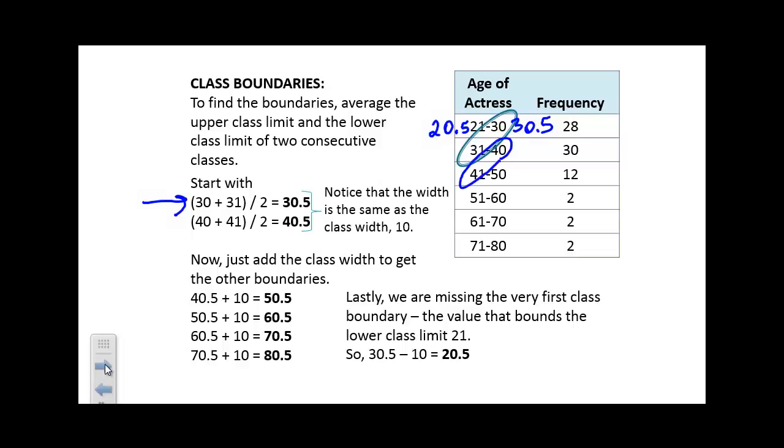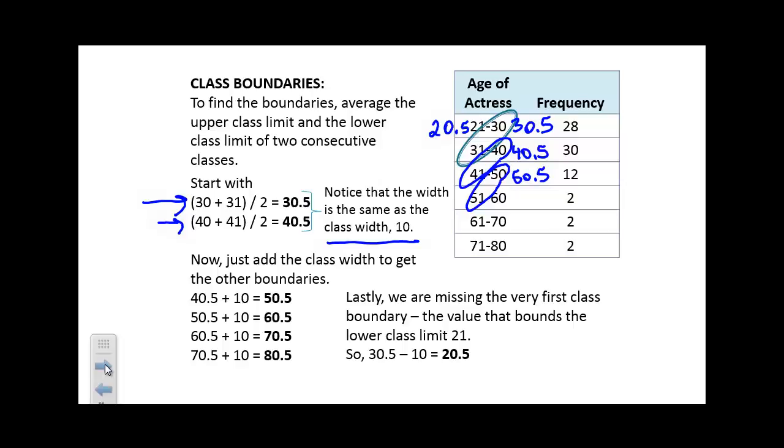Go do the next one. 40 and 41. Add those together, divide by 2. That's 40.5. 50 and 51. Add those together, divide by 2. That would be 50.5. But again, we can notice we had a class width of 10. There's a pattern here. It increases by 10 each time. So we can just add 10.